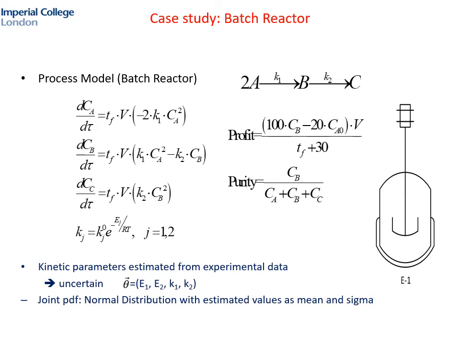And these parameters are estimated from experimental data. And we are interested in two KPIs, namely profit and purity, which depend on the concentration of the final product and byproduct. And so the parameters are assumed to be given by normal distribution with estimated values of mean and sigma.